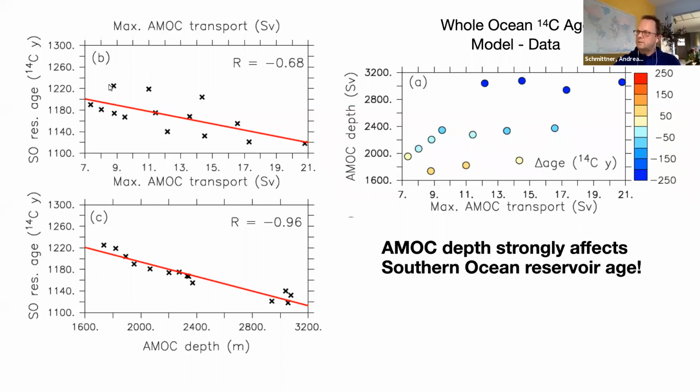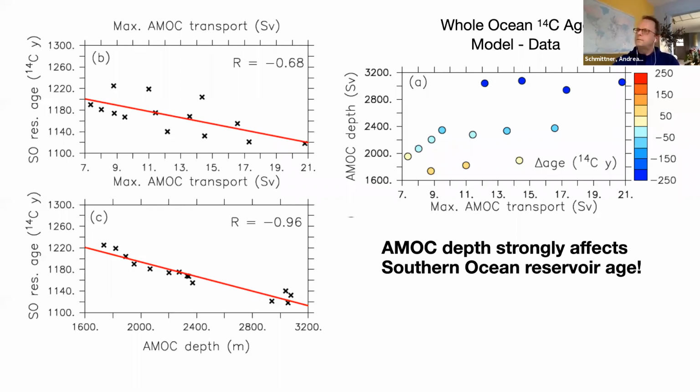And whereas you can see that both are correlated, the upper panel is much less correlated than the lower. So those reservoir ages in the Southern Ocean seem to be related strongly to AMOC depth. And exactly why that is, is still something that we're working on that we haven't figured out completely yet. But that is a first clue on why the AMOC depth is so strongly affecting radiocarbon ages in the whole ocean.